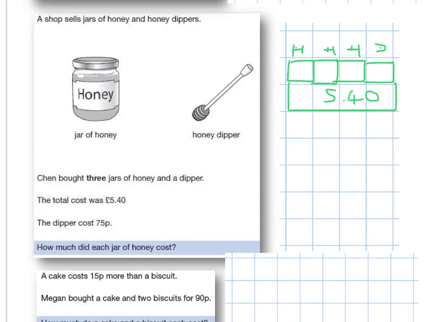The only thing we know the cost of is this dipper on the end, which is 75p. So if I take the cost of that dipper away from £5.40, I can work out what the honey cost. So if I take away my 75p, that will tell me the price of my honey. Then of course there were 3 jars of honey, so I'll need to divide that price by 3, and that will tell me how much each jar of honey cost.